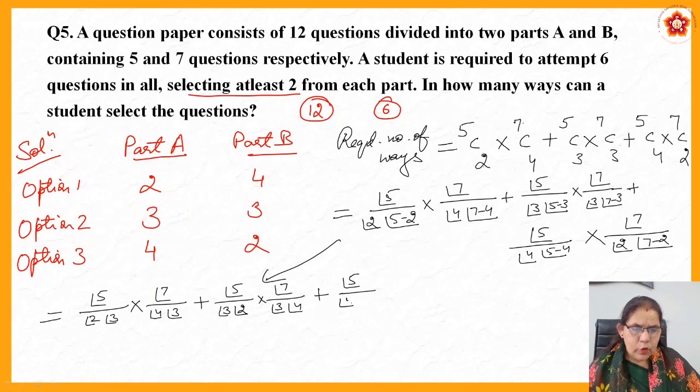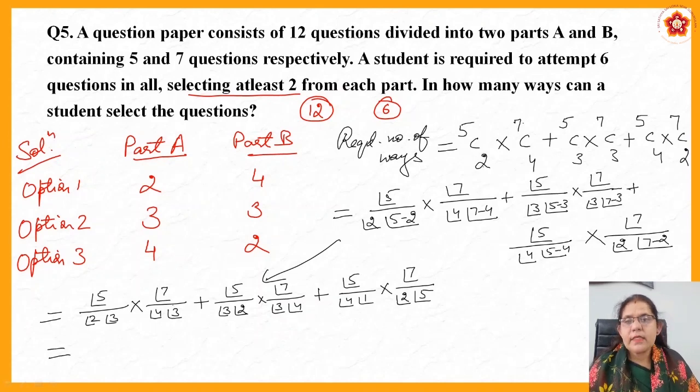Third term is factorial 5 upon factorial 4 into factorial 1, and towards the end we have factorial 7 upon factorial 2 into factorial 5. Now you should be solving this yourself and tell me what you will get.